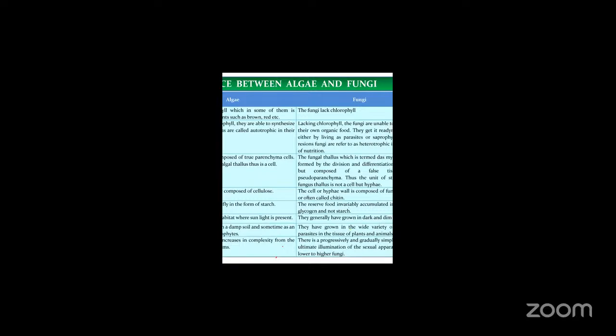Why? There is no need for light, because of the lack of chlorophyll. That's why they do not depend on light. They exhibit as saprophytes or parasites. They can grow in water or damp soil, sometimes as epiphytes or endophytes. But coming to the fungi, different habitats are present. They are parasites in the tissues of plants and animals only.